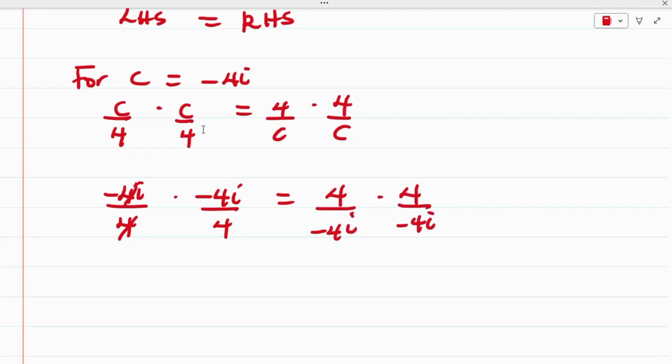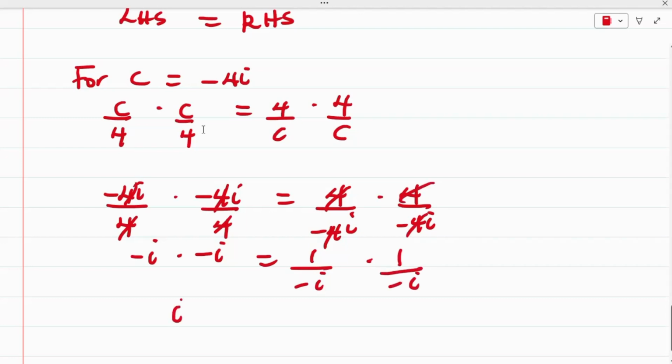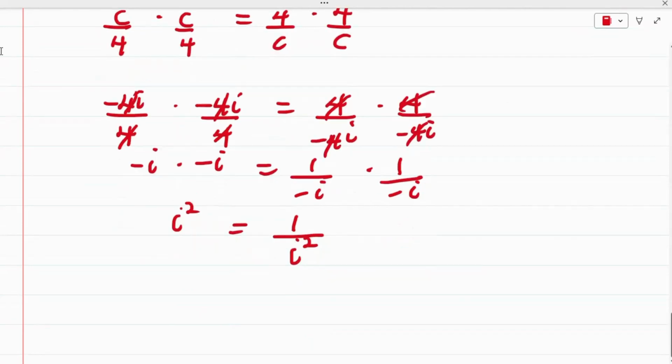So we have negative i multiply negative i, which is equal to 1 over negative i multiply 1 over negative i. Negative i multiply negative i is i square. So right here we have minus 1 is equal to minus 1. Therefore the left hand side is equal to the right hand side.